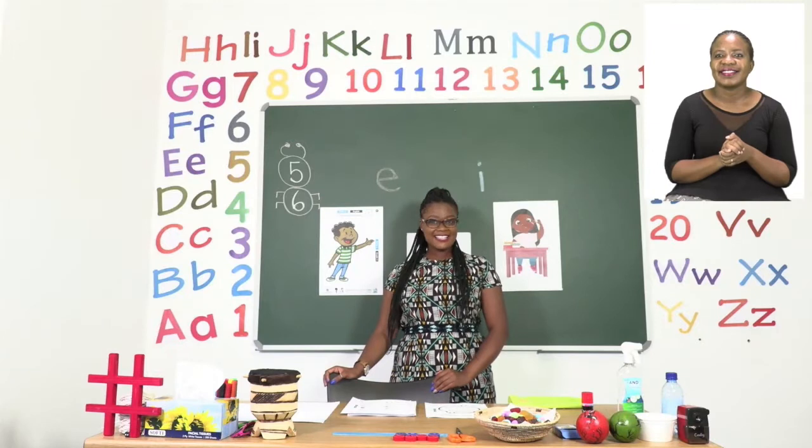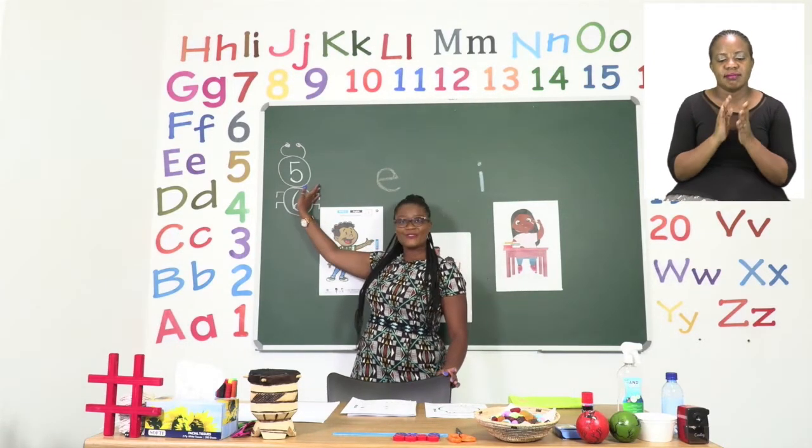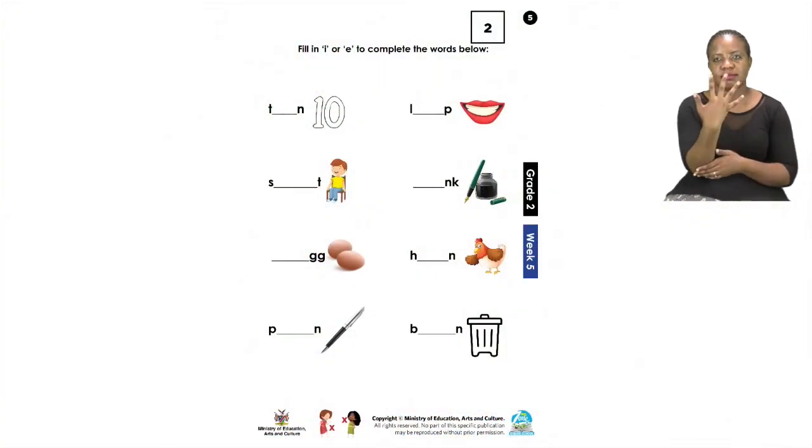For our first exercise today, boys and girls, let's turn to page 5. On page 5, we are dealing with the sounds. The words that you can see there are missing a vowel sound. The vowel sounds that they need are either E or A. Let's take a look at the vowel sounds.